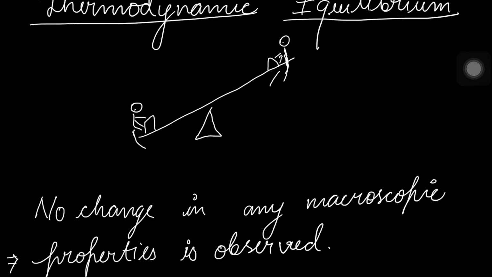If I'm looking at something and I see there is no change in the system, whether it is isolated from the surroundings or not isolated from the surroundings, in both cases, if I see there is no change in the state of the system, I can say that it's in thermodynamic equilibrium.